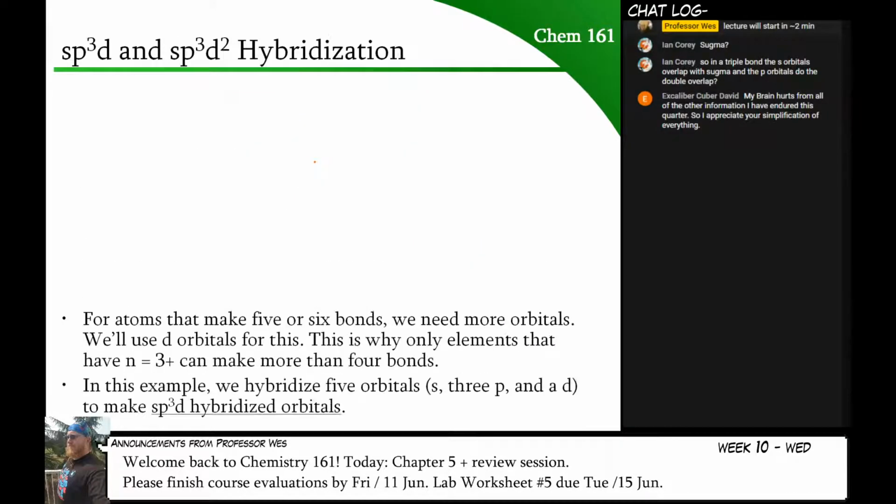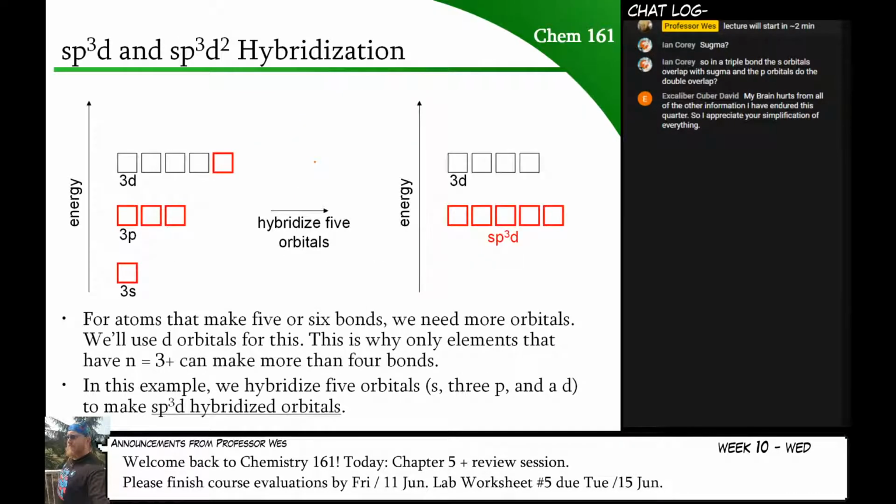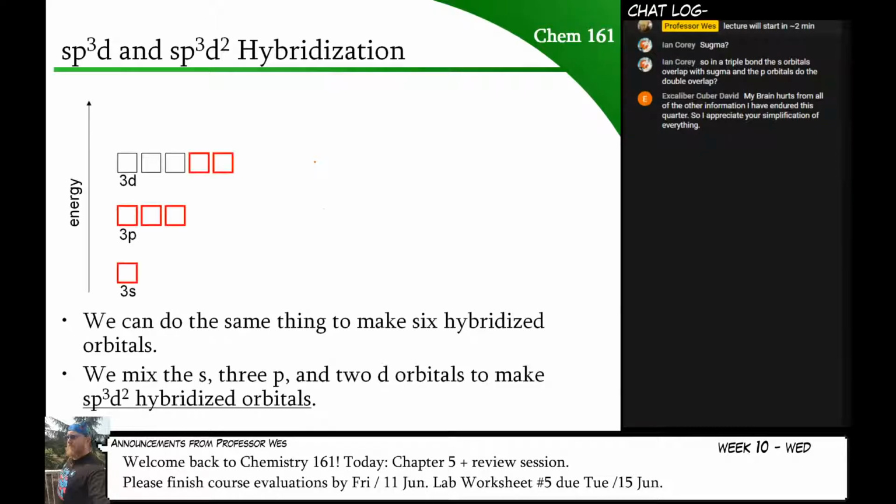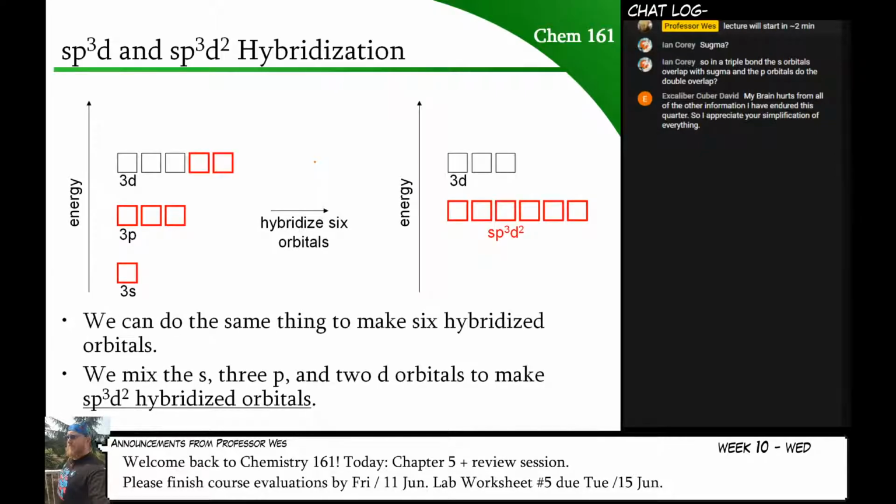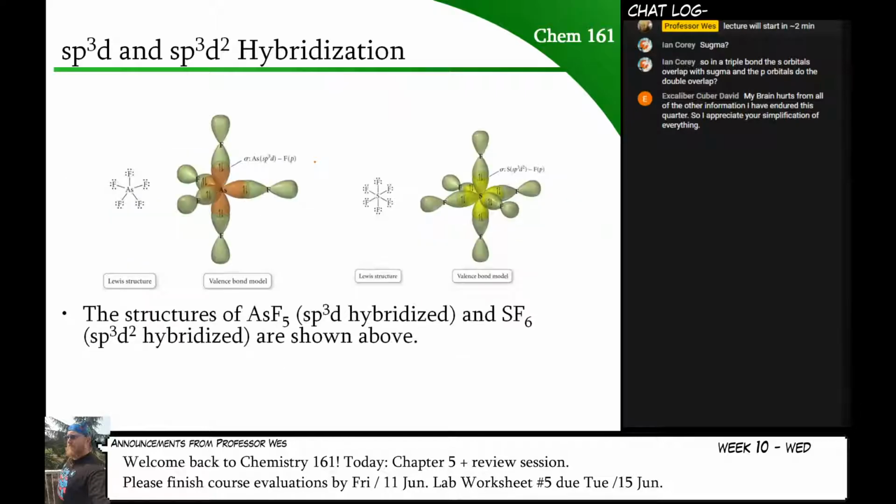The remainder of the slides, you can actually look at this if you just want to see sp³d and sp³d². The logic is the same. It's just that for anything that has 5 and 6 bonds to the central atom, it's a third row element or further. So you have d orbitals available, you hybridize those, and they look like this.